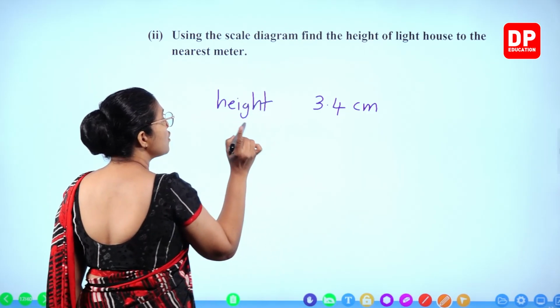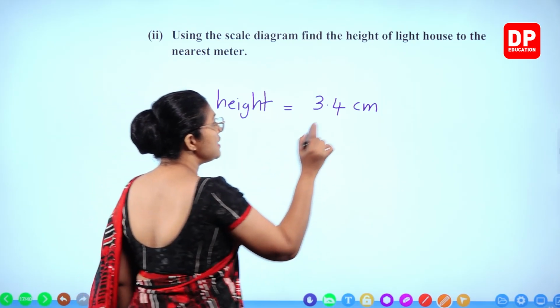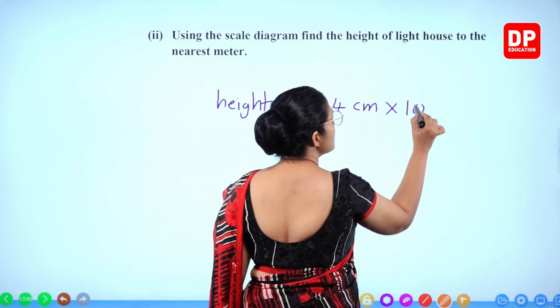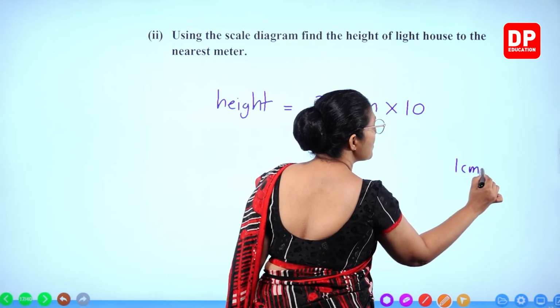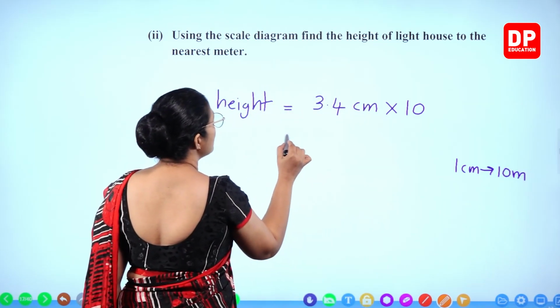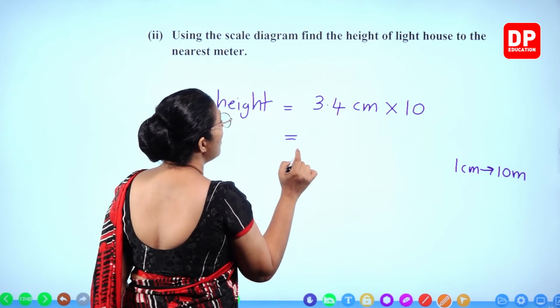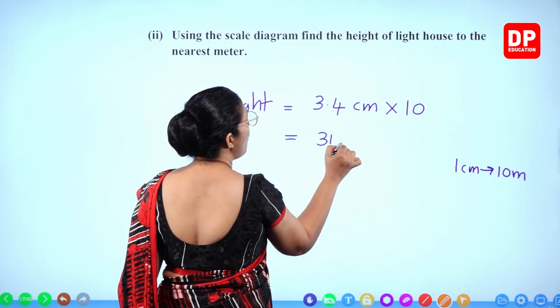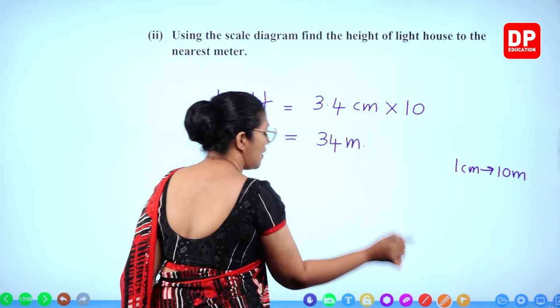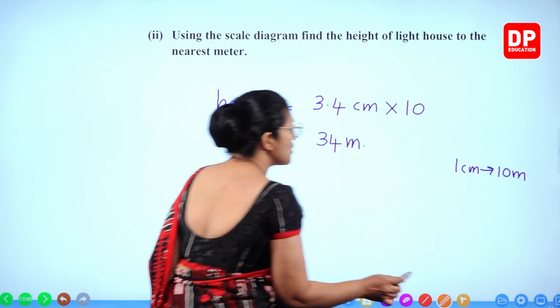So what is the actual height? For the actual height you have to multiply by 10, because 1 centimeter represents 10 meters. So it's 34 meters. Roughly 34 meters is the height of the lighthouse.